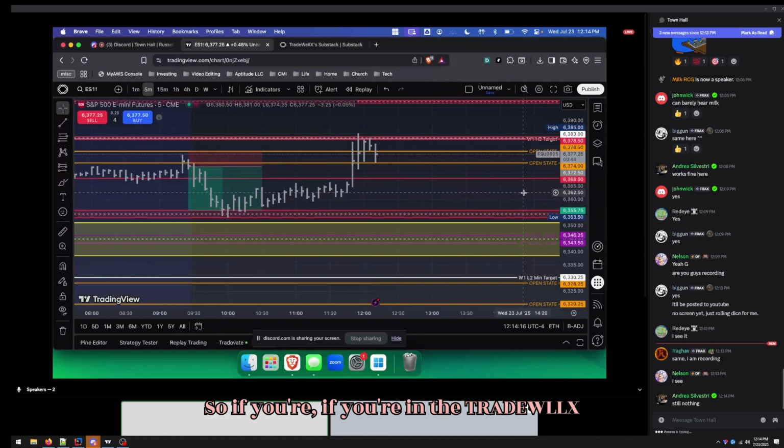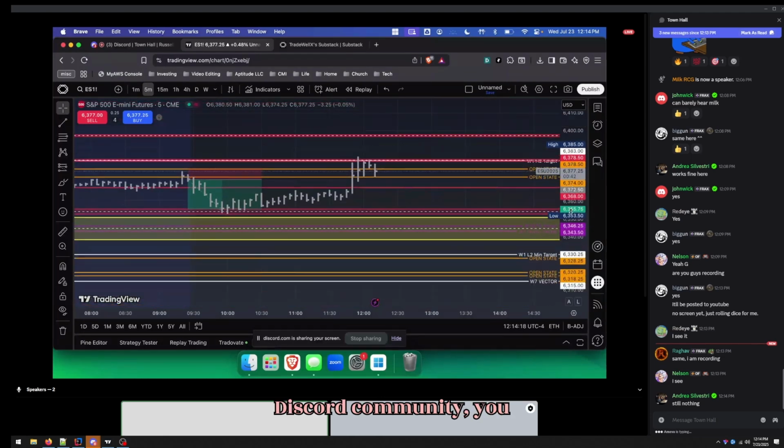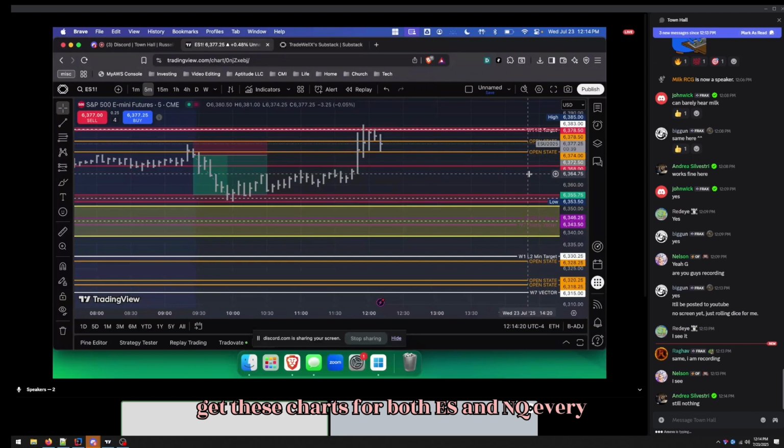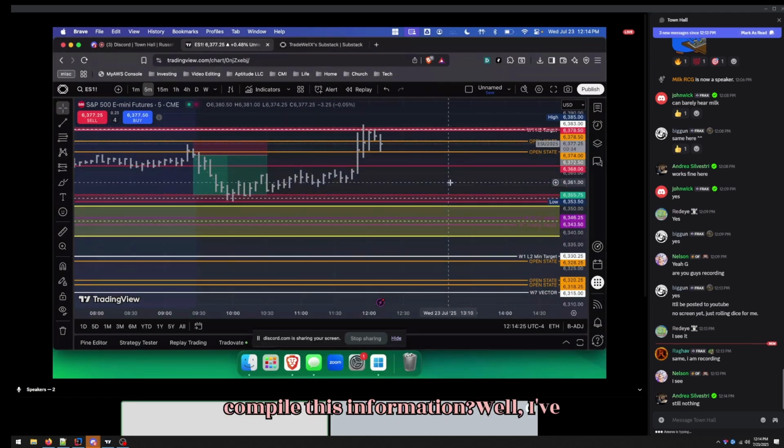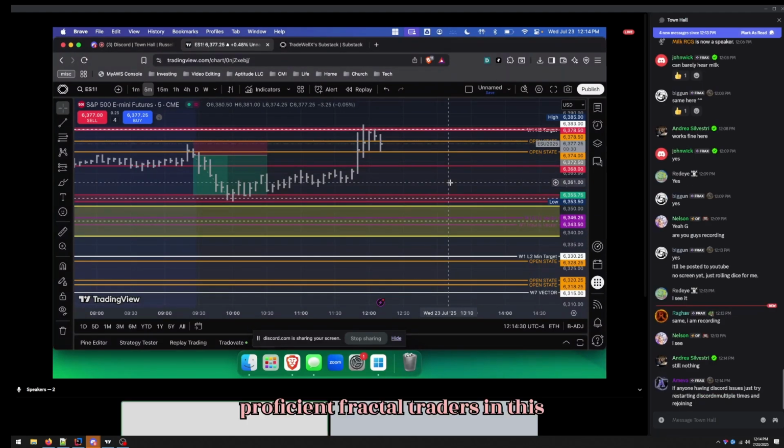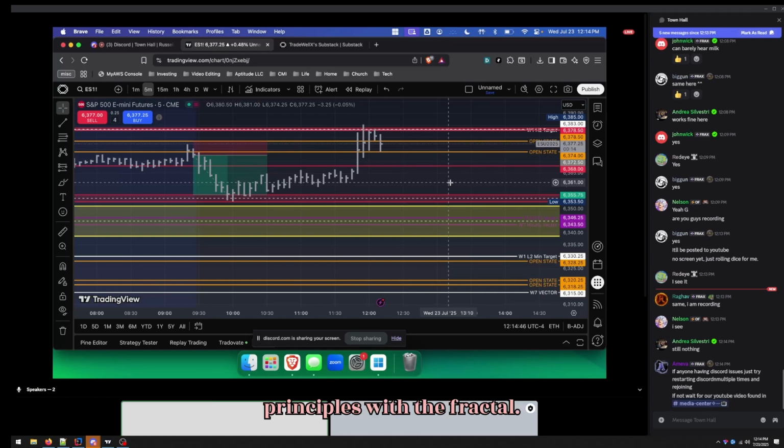Yeah. So if you're in the Tradewell X Discord community, you get these charts for both ES and NQ every day. But how do I compile this information? Well, I've learned from some very proficient fractal traders in this community, primarily Milk. I'm not ashamed to say I took Milk's mentorship about 6 months ago, and it was absolutely key to my growth and development for coupling order flow principles with the fractal.